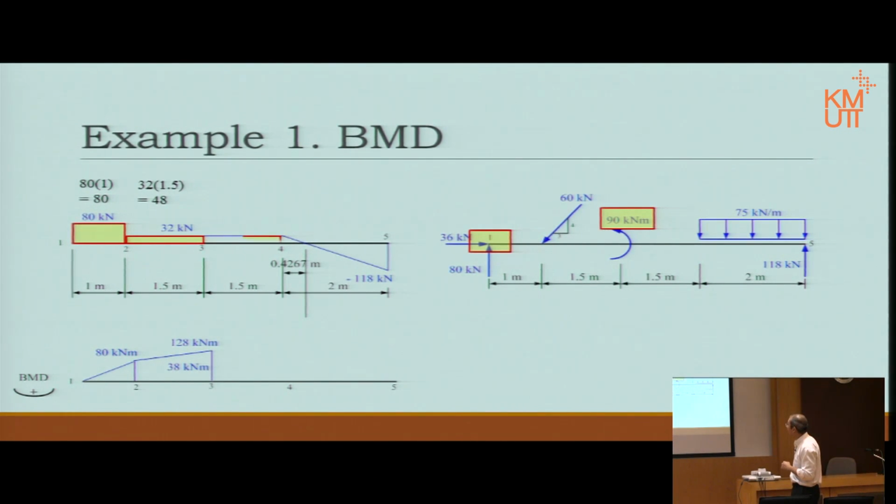Then from 3 to 4, again a straight line function with consistent slope. We calculate the area, 48 again, and it becomes 86. Now this part we have to consider, because the area between 4 and the point where the shear cuts 0 is one area.